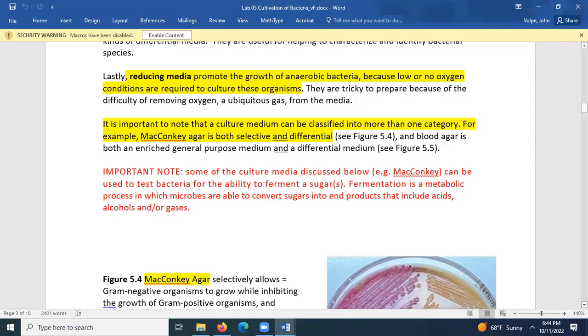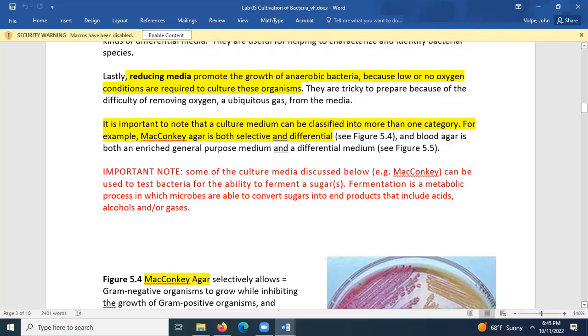It's called reducing media because it has a chemical in it, which you don't need to know, that reduces to remove the oxygen from the media. It's important to note that a culture media can be classified into more than one category.